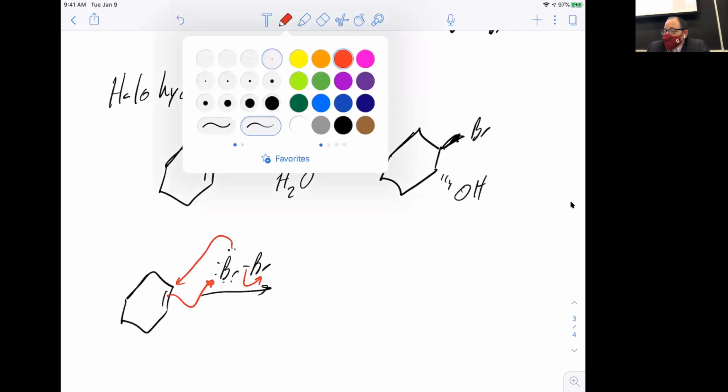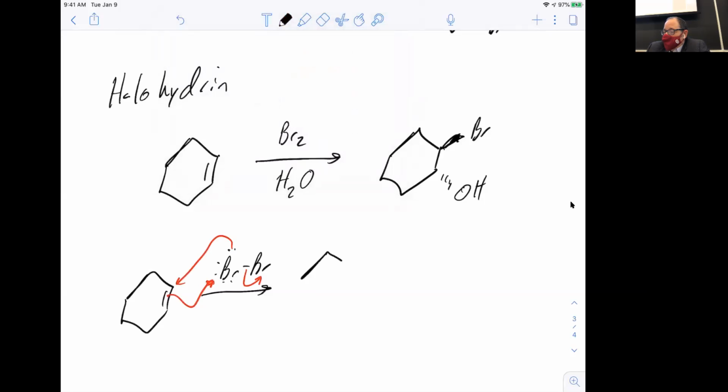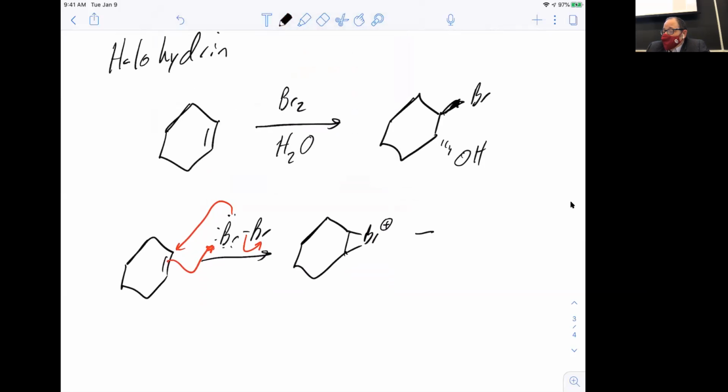Electrophile comes back. Now we have the Br, but we also have water.